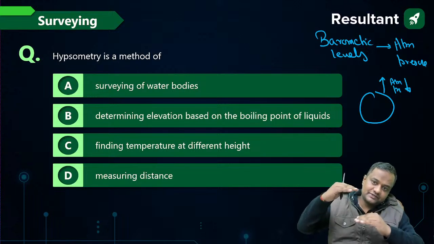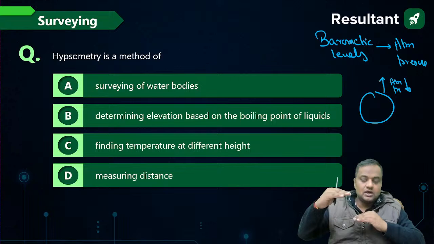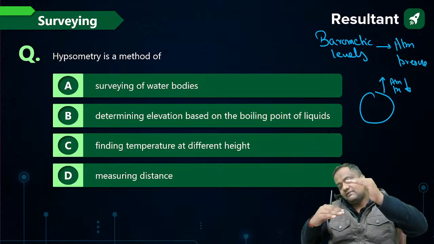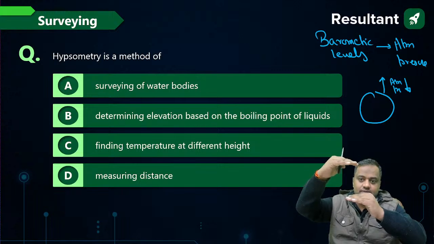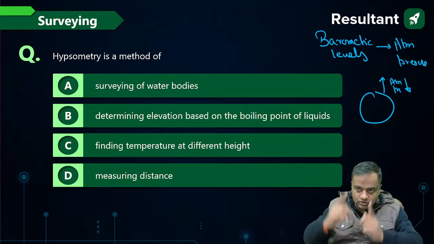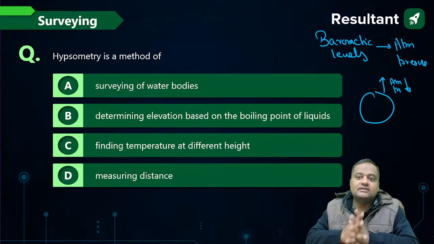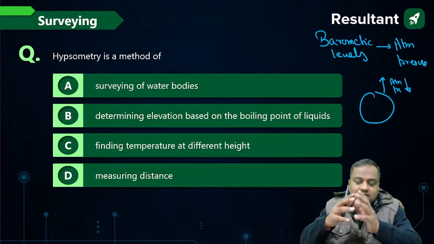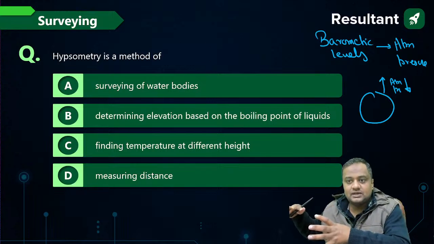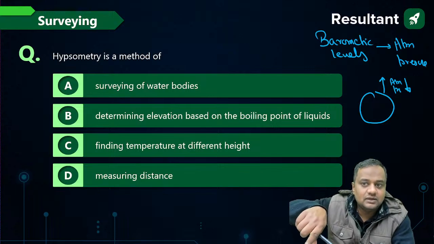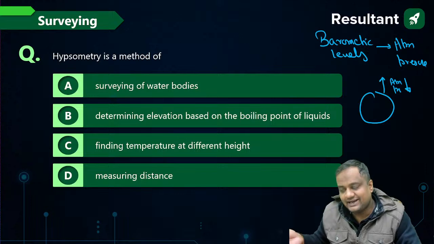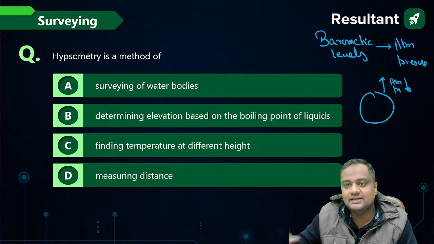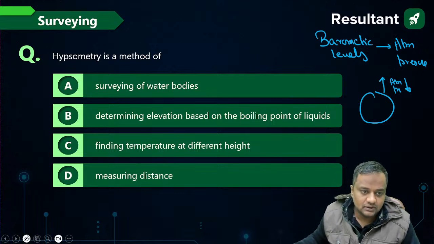Go a little above, Shimla will have less. Go a little above, Ladakh will have lesser, and Mount Everest will have the least atmospheric pressure out of these. So finding the atmospheric pressure and relating it with the height is called barometric leveling.